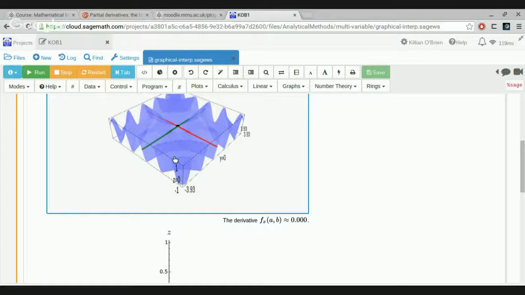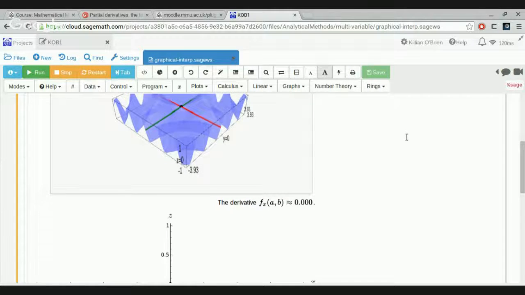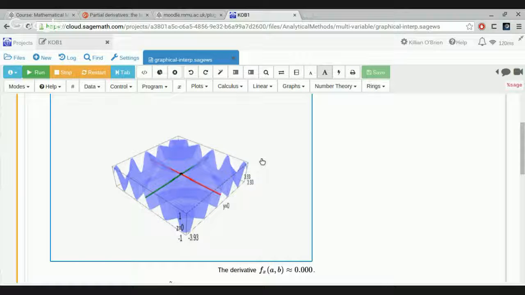The red one is at a fixed value of y, so it's going parallel to the x-axis, and the green one is going parallel to the y-axis at a fixed value of x.